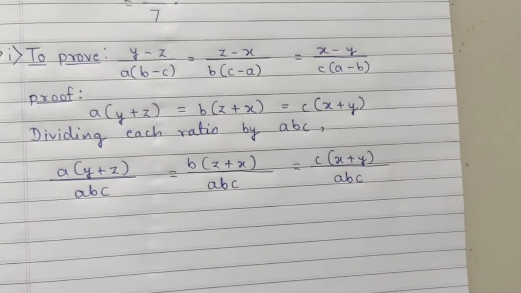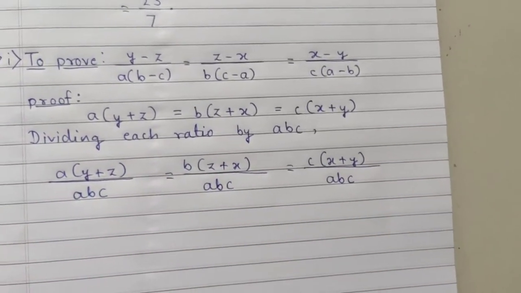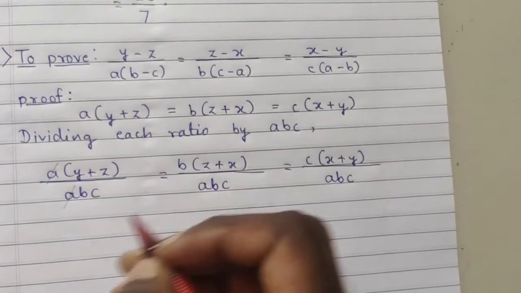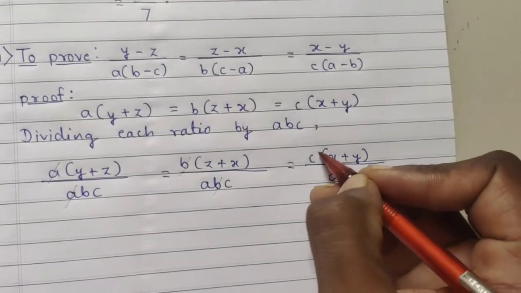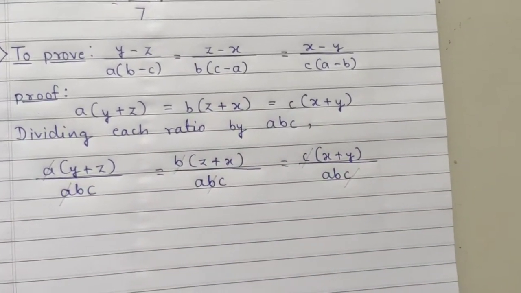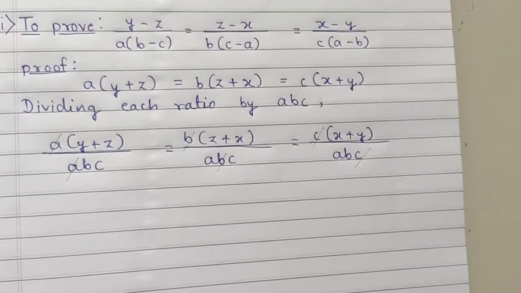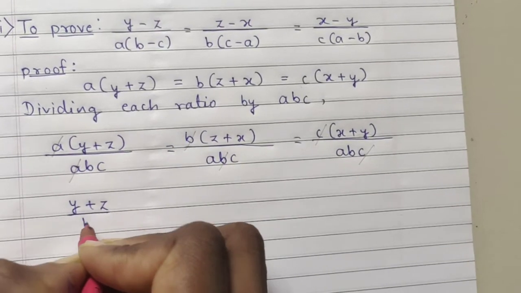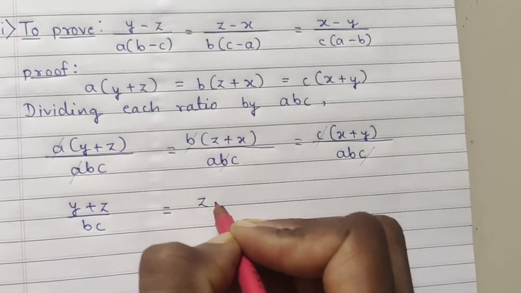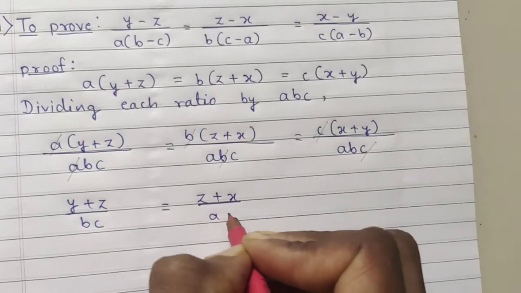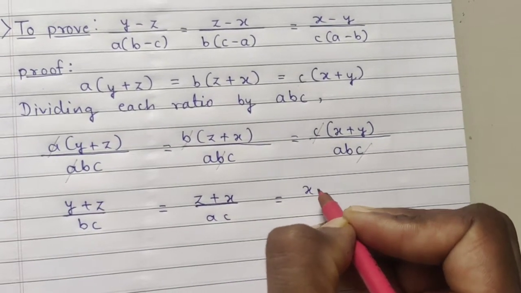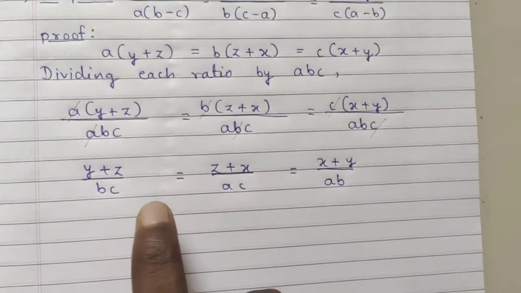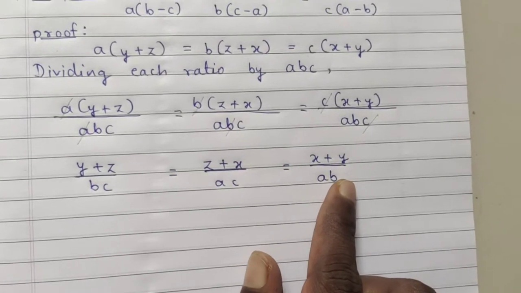Now you can cancel numerator and denominator if they are the same. So a gets cancelled, b gets cancelled, c gets cancelled. Whatever is remaining we write: here we have (y + z)/bc, here (z + x)/ac, here (x + y)/ab.